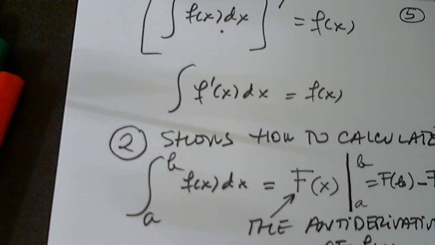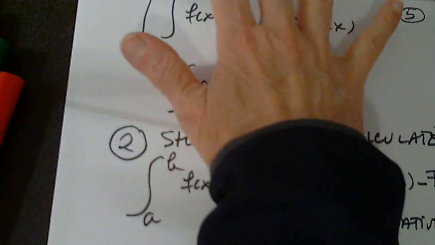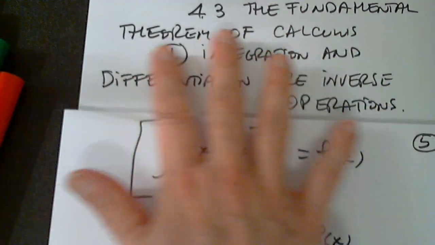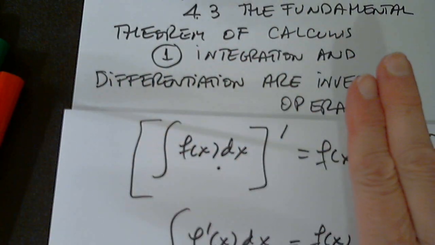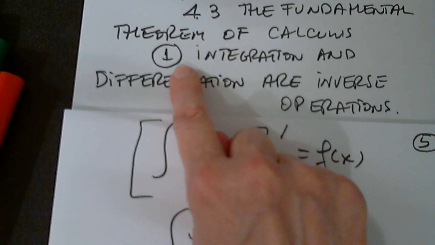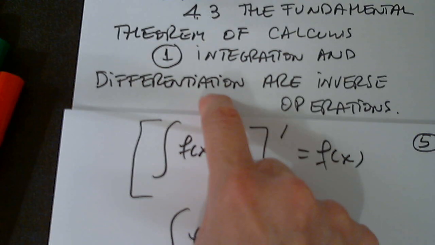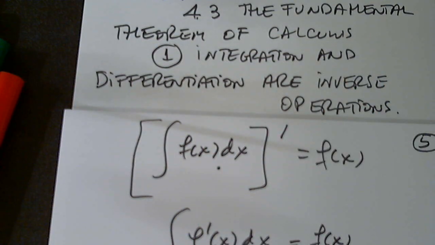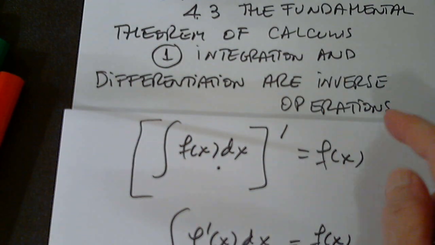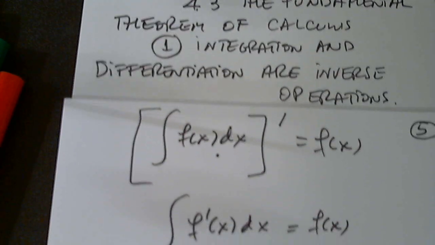So again, the fundamental theorem of calculus has two parts. Part number one says, don't forget, integration and differentiation cancel their effect on the function. They cancel each other out. They're inverse operations.